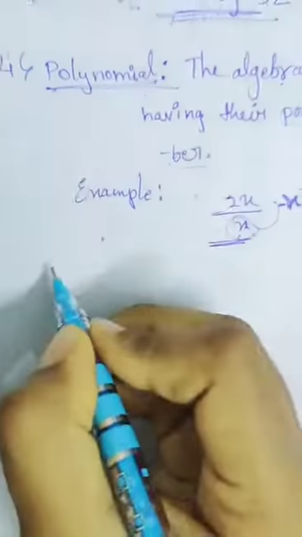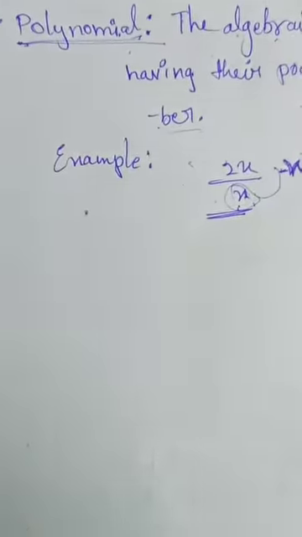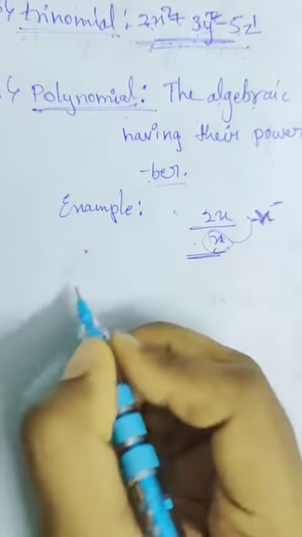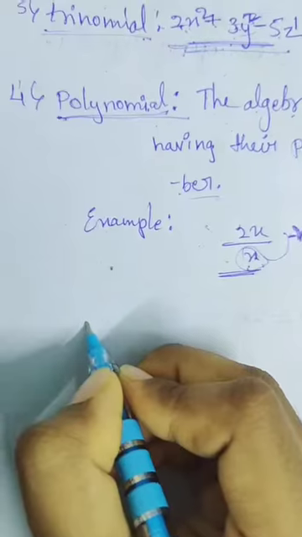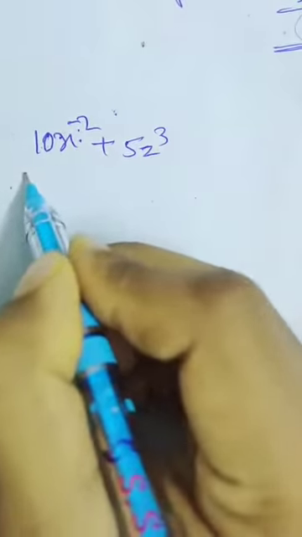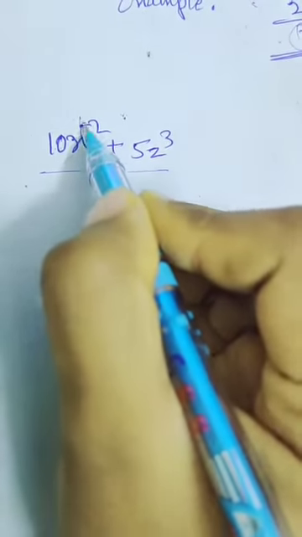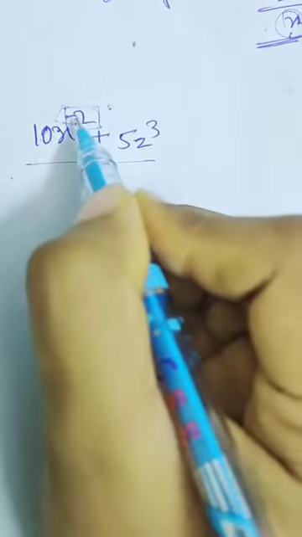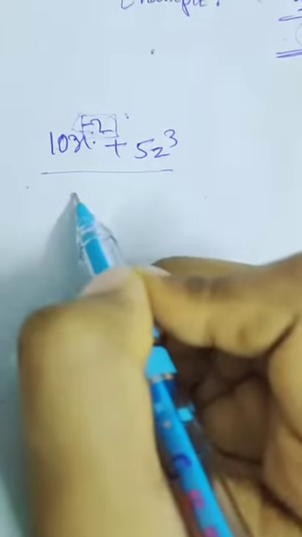Now let us understand the difference between a polynomial and an algebraic expression. An algebraic expression can have even negative powers. For example, here I have written this algebraic expression. We can't say this is a polynomial because polynomial means its power should be a whole number, but here it is negative, which is not a whole number.